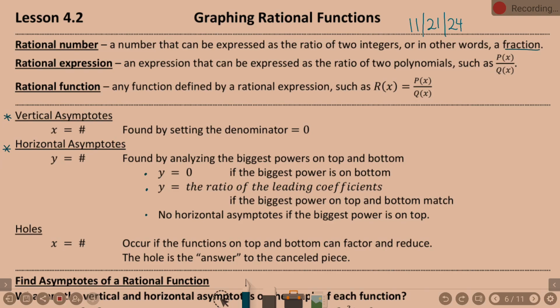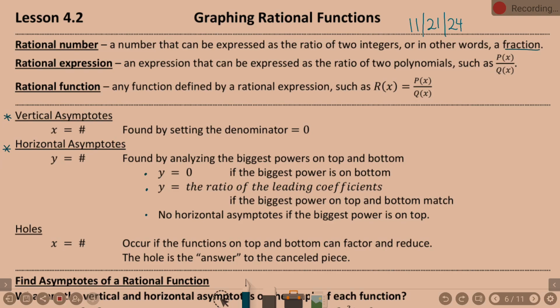Okay? If the biggest power is on bottom, so if we start looking at powers of x, and the biggest power is on bottom, your horizontal asymptote is y equals 0. If the biggest power on top and bottom match, then you're going to have to look at the ratio of the coefficients, so what numbers are out front.